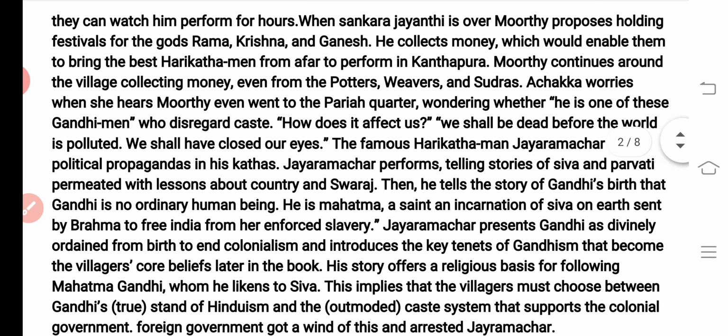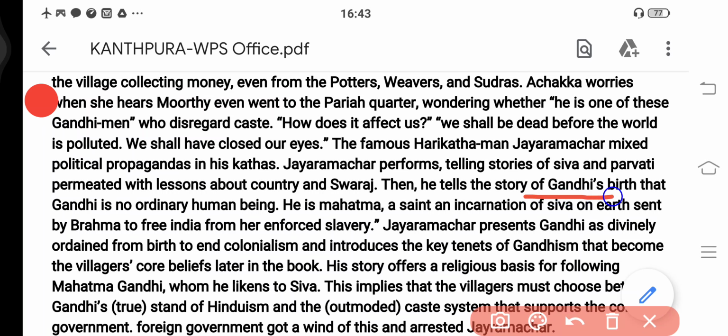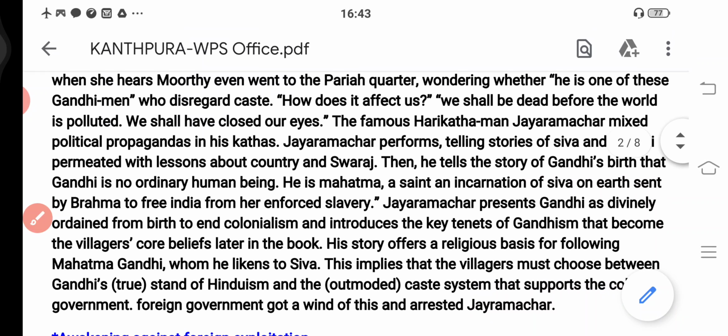He tells the villagers that Gandhi was not any ordinary human being. He is Mahatma, a saint, an incarnation of Shiva on earth, sent by Brahma to free India from her enforced slavery.